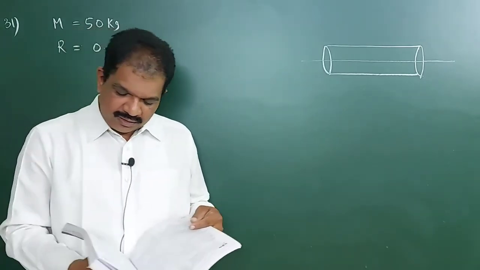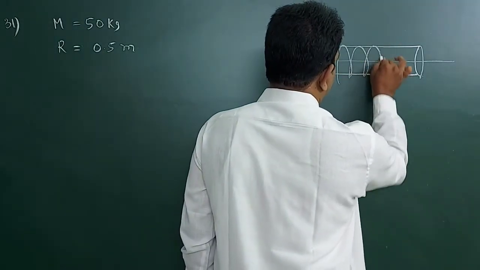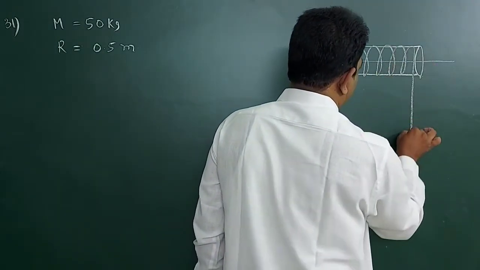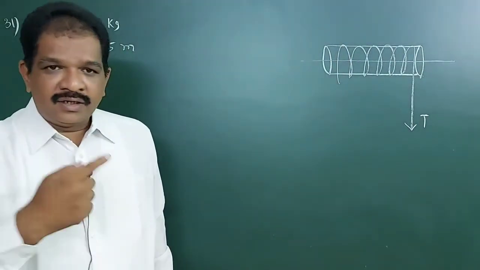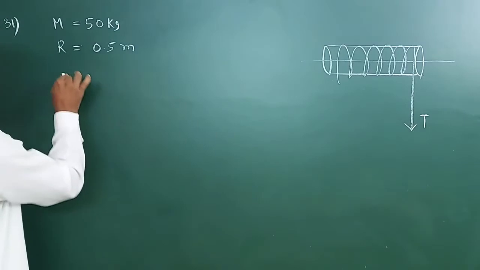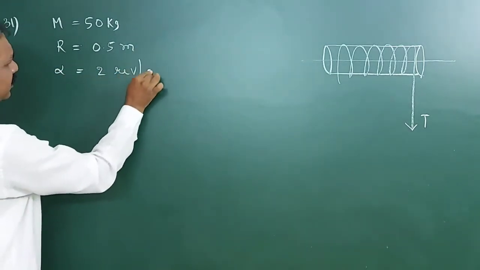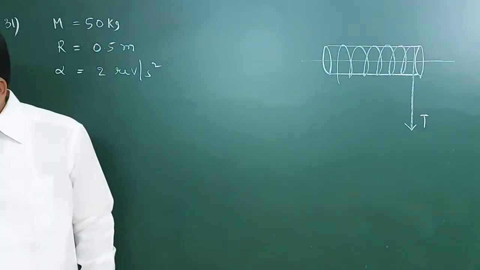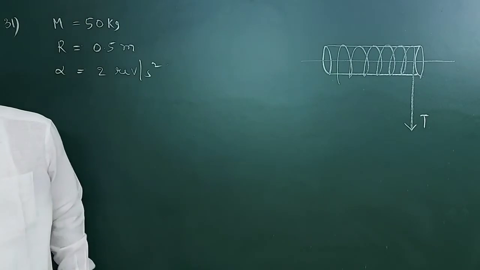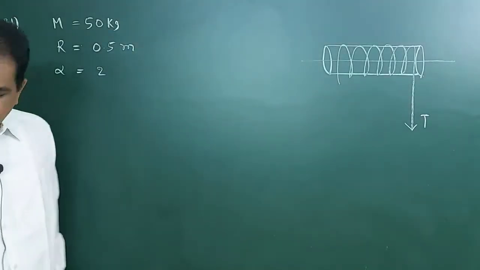One string is wrapped like this. Here we pull the string so that it is rotating with angular acceleration of 2 revolution per second square. Actually this is in revolution per second square; we have to convert this into radian per second square.